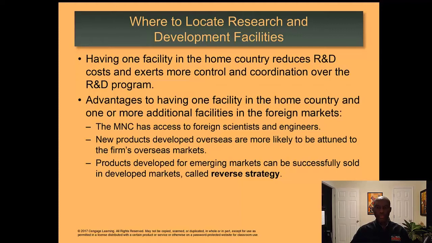Advantages to having one facility in the home country and one or more additional facilities in foreign markets: the multinational corporation has access to foreign scientists and engineers, which may be cheaper. And not only that, when you talk about new products, you may have resources that may be more plentiful and that may be cheaper for production.